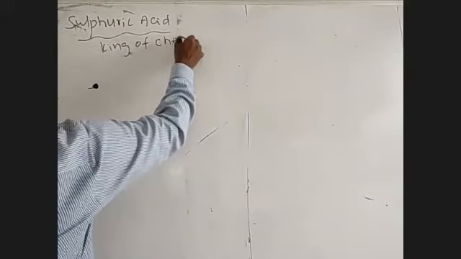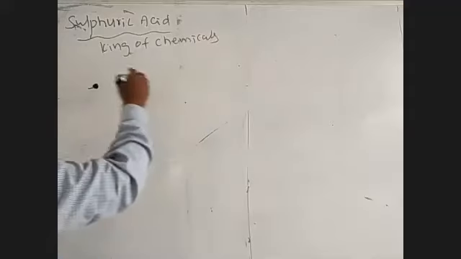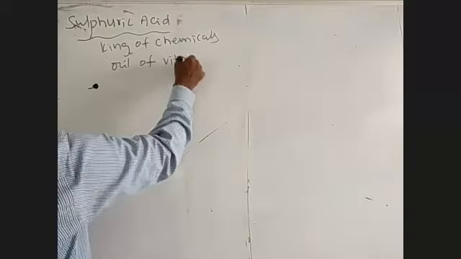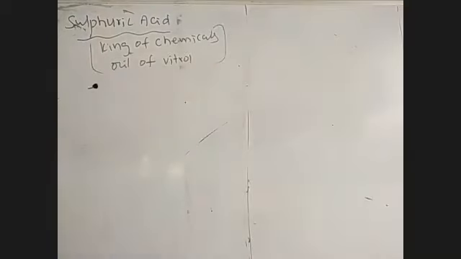Sulfuric acid is also known as the king of chemicals and also called oil of vitriol. Why is it called king of chemicals? Because H2SO4, sulfuric acid, is widely used in chemical industries. Due to this reason, H2SO4 is known as the king of chemicals. And the appearance of sulfuric acid is similar to that of vitriol oil. Therefore, it is also known as oil of vitriol.